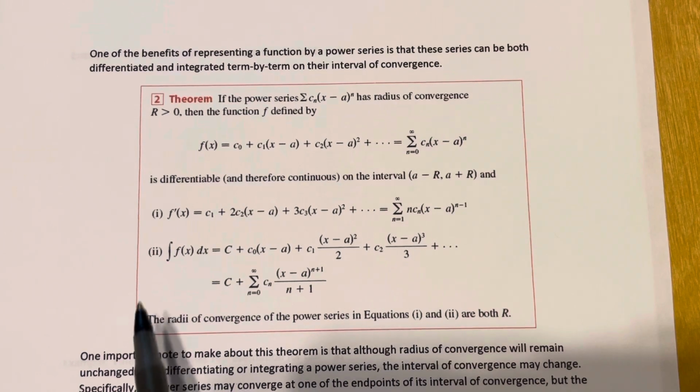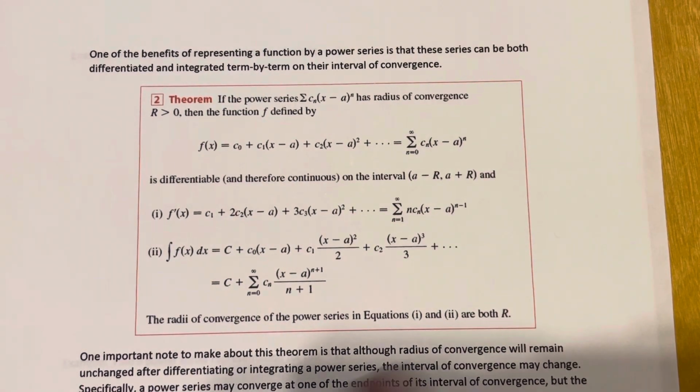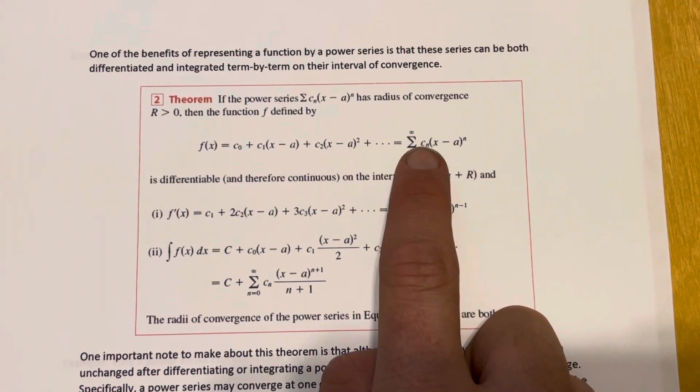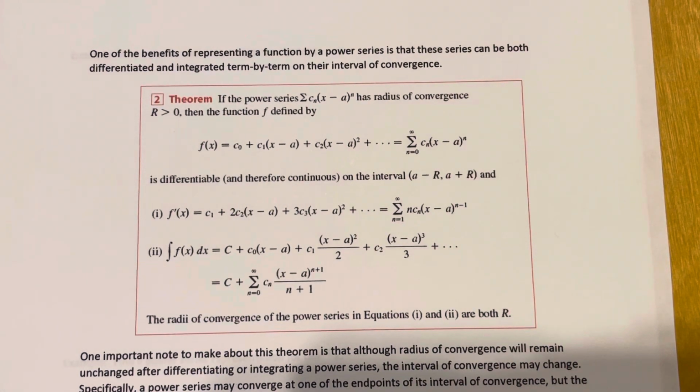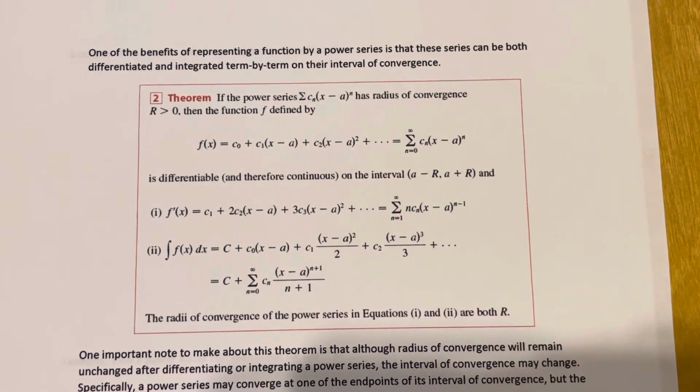This is part of the interval of convergence for that power series. Notice that this does not include the endpoints, even though this power series might include the endpoints in its interval of convergence. So we're not assuming the endpoints belong here.